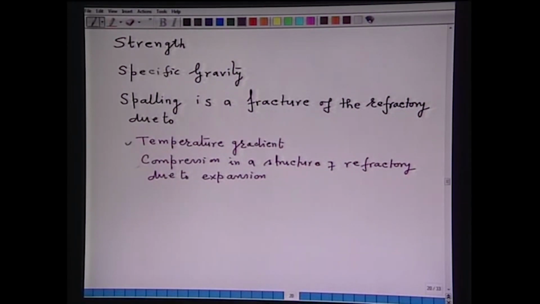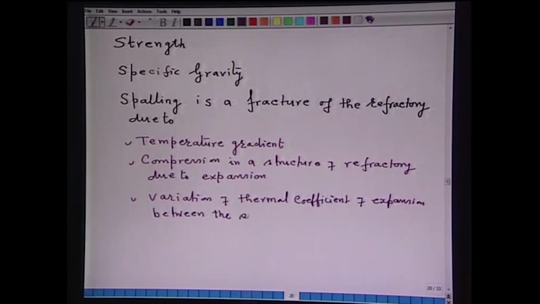The third important factor that affects spalling is variation in coefficient of thermal expansion between the surface layer and the body of the brick.